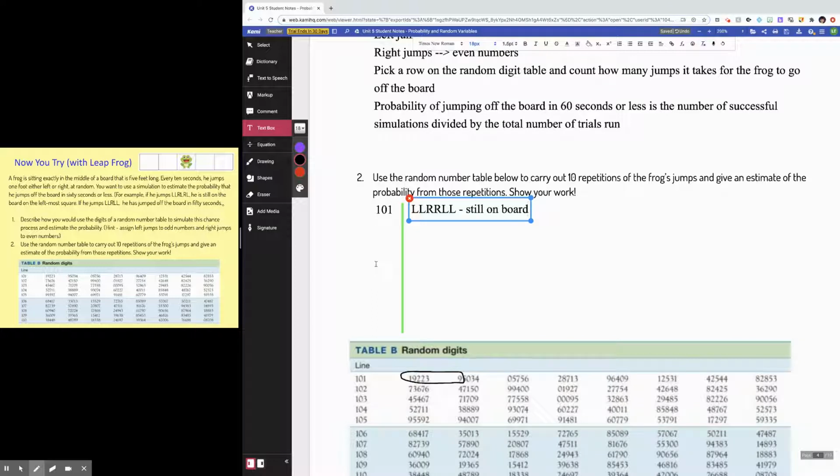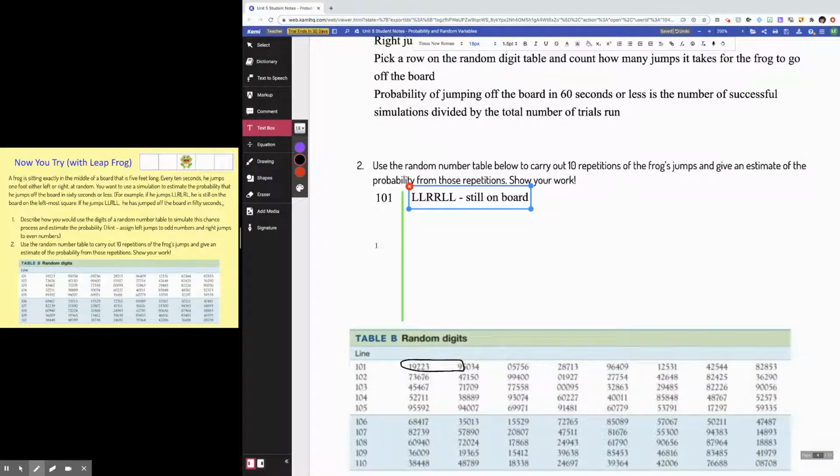I'm going to pick a different line now and show you one where he wouldn't end up on the board. Because I've run this simulation already, I'll tell you that line 102 and line 103 also end with him still on the board.